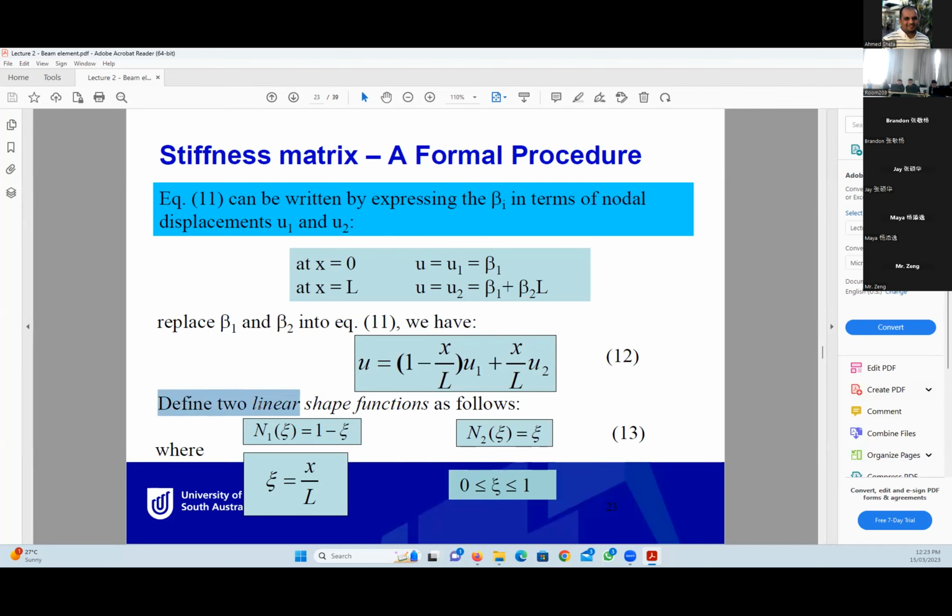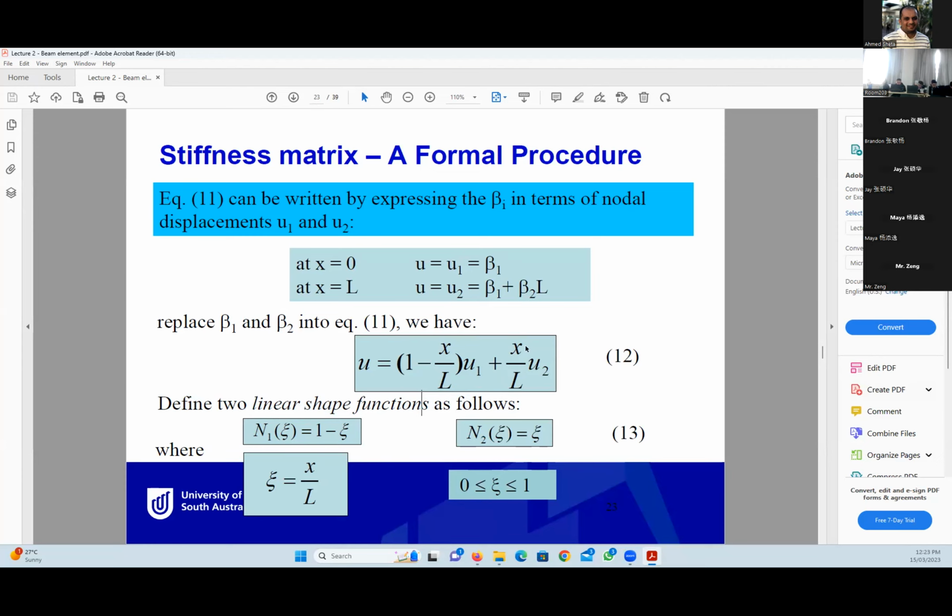If we want to define these two linear shape functions as follows, the first is 1 minus x by L. This is what we now call N1 instead of beta 1. So N1 as a function of zeta will be 1 minus zeta, where zeta equals x by L. N2 will be zeta.